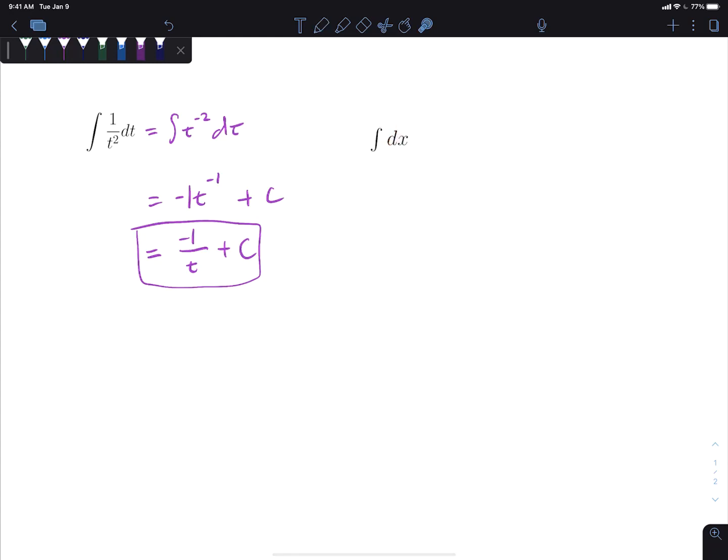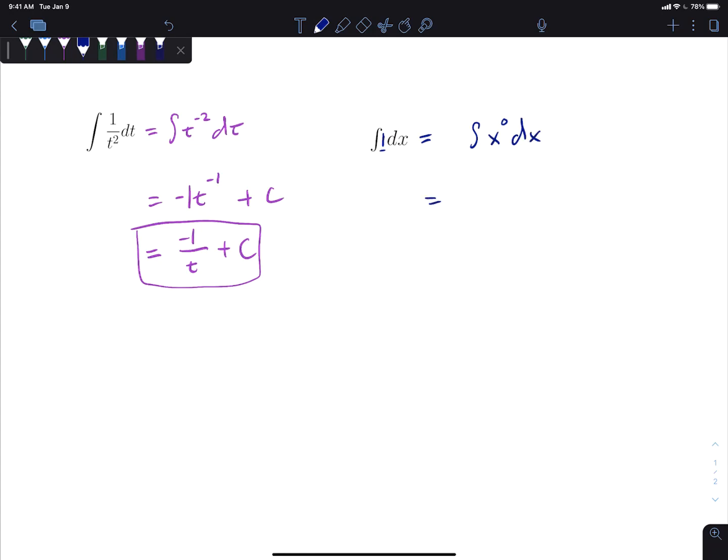Now for this over here, the integral of dx. A lot of people freak out about this because they see this as weird, and it kind of looks weird until you realize what's going on. There's effectively a constant here of 1 for your integrand. But what's the variable here? The variable is x, because this is your variable of integration. So you can actually think of this as the integral of x to the 0 power dx.